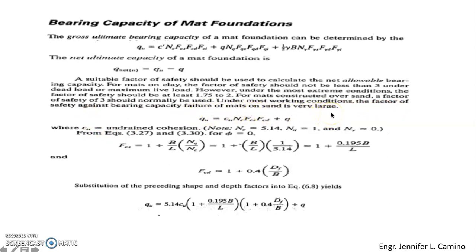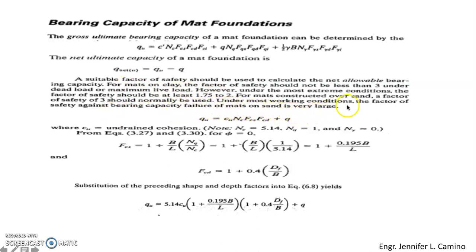So for this one, you are going to make use of a factor of safety of 3 for a mat that is constructed on clay. However, for extreme conditions, you are going to use 1.75 to 2.